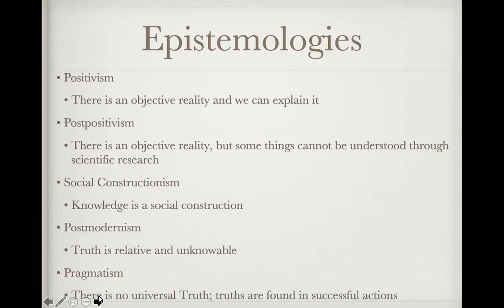Specifically as it applies to social science, as it applies to human behavior, there is no such thing as a universal truth for motivation, for example. There is no silver bullet that will absolutely make anybody do the thing I want them to do. There are multiple ways to get people to do what I want, and you know that it's true because it works.